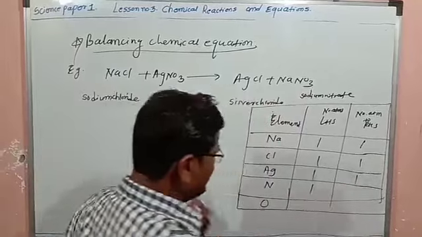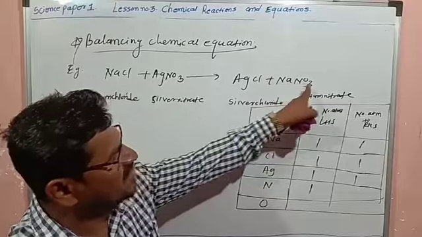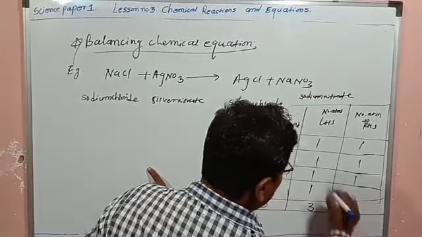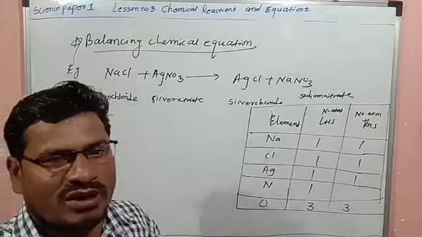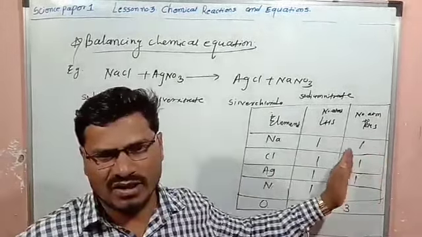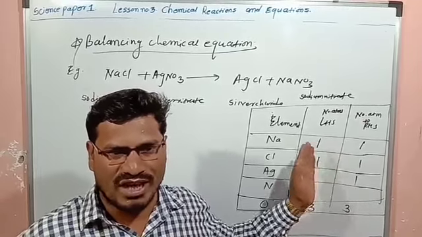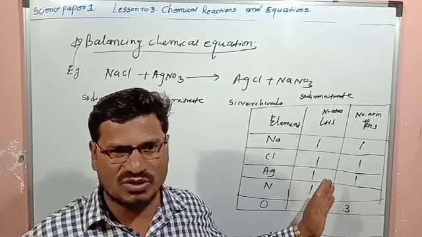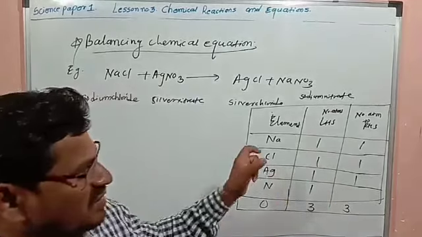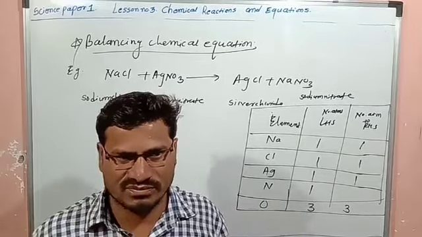Oxygen to the LHS 3 and to the RHS 3. In this chemical equation number of atoms of each element to the RHS and to the LHS both are same or equal. So such chemical equation is called a balanced chemical equation.